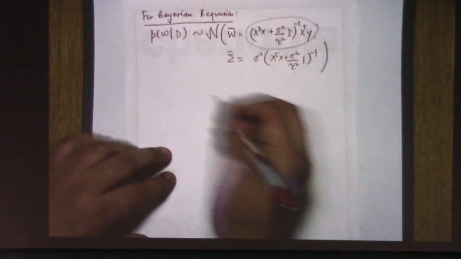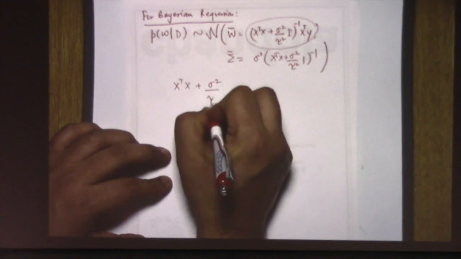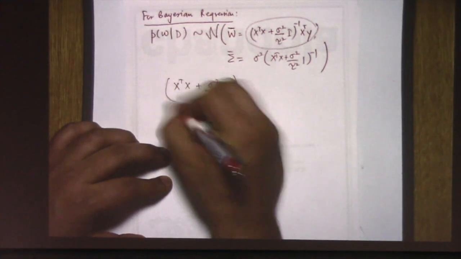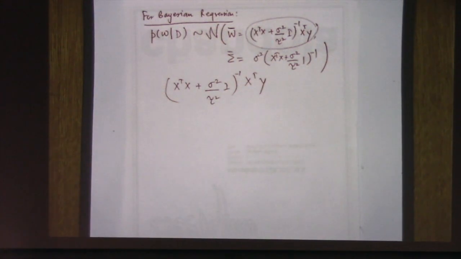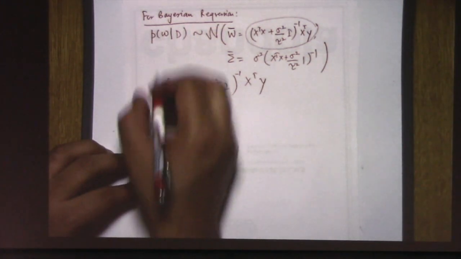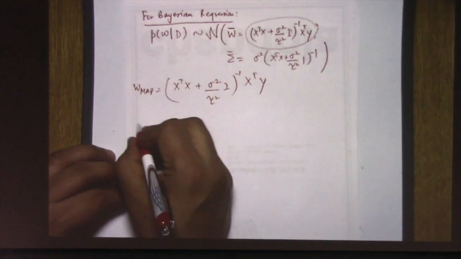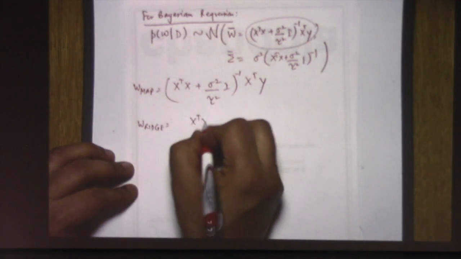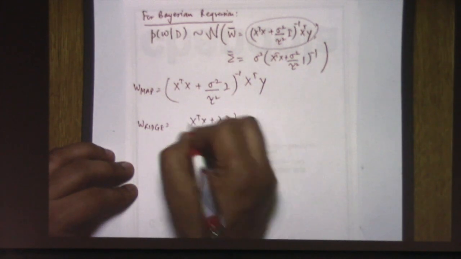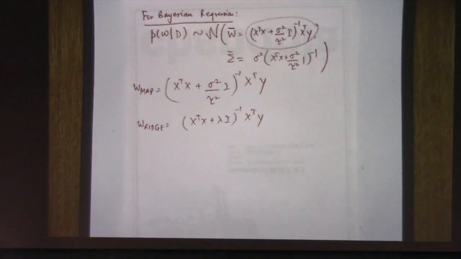All right? So the mean is (X transpose X plus sigma square over tau square I) inverse X transpose Y. This is the MAP, so W MAP. And if you remember, W ridge looks like this: (X transpose X plus lambda I) inverse X transpose Y. So it's very similar.